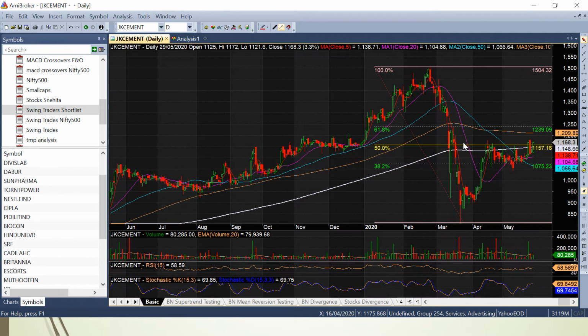I don't see too many price points at this level horizontally which overlap with this level. So I might consider that as a minor level, and the major level will be my 100% target. There is also a 78% level in Fibonacci in between.